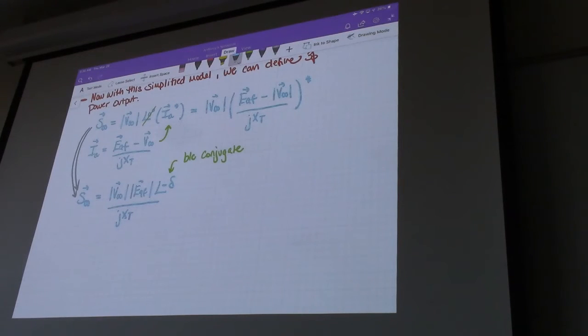So that's one chunk. Then we'll subtract from that V infinite magnitude squared over JXT.